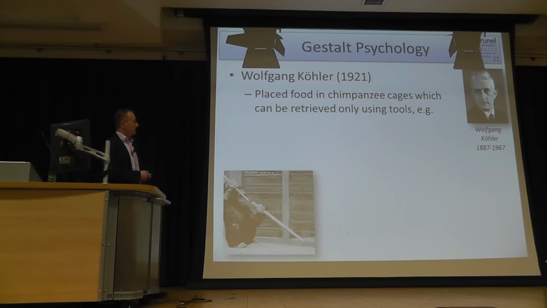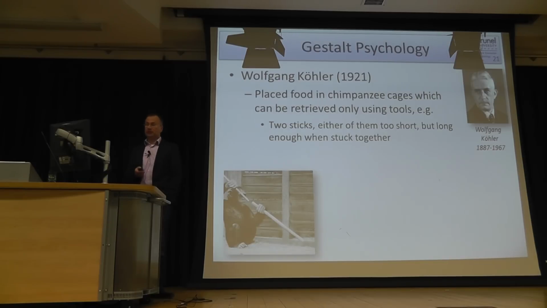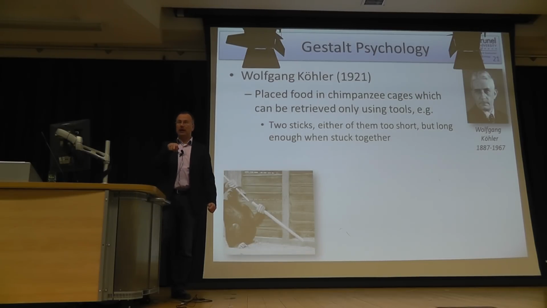He placed food somewhere outside the cage of the chimpanzees, which they could only reach if they used tools. And they actually had to do something first to create their tools. For instance, there were two sticks, and both sticks were too short to reach the food. However, you could stick them together to make one long stick, and then you could get to the food.